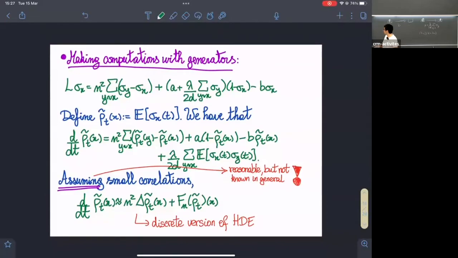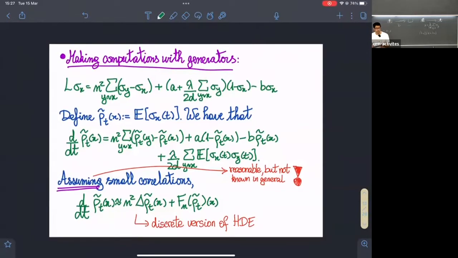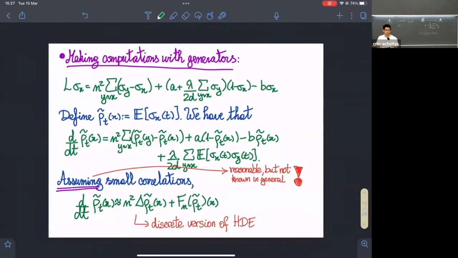Even though the function fn there is not a function only of rho t x, but also of their neighbors, this equation still has the property that if you start uniform in space, you are uniform in space for any later time.